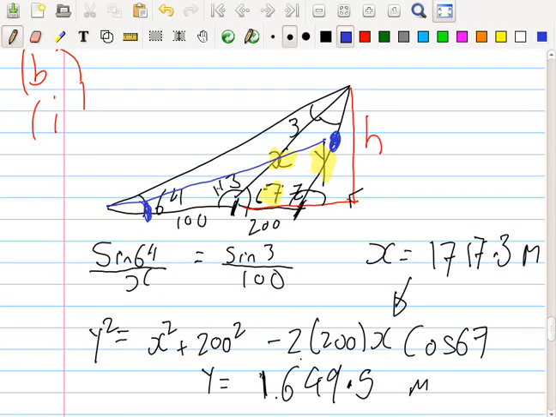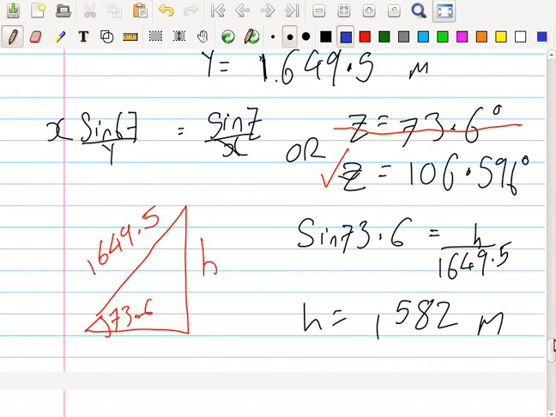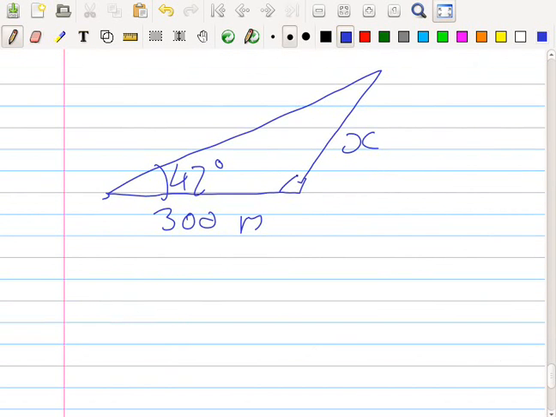I know this angle. That is 106.6. No problem. So 180 minus 106.6 minus 42.